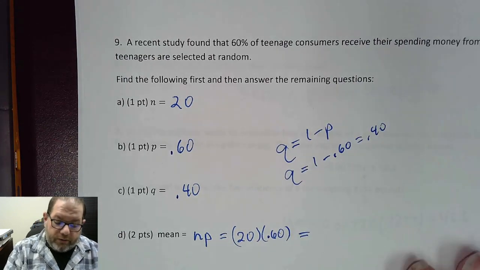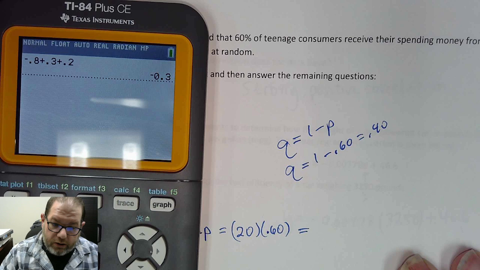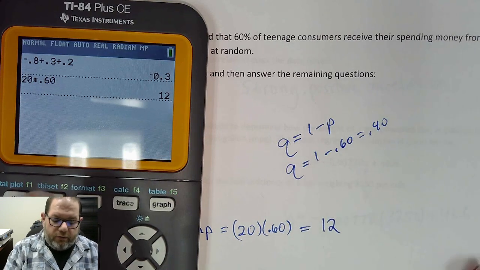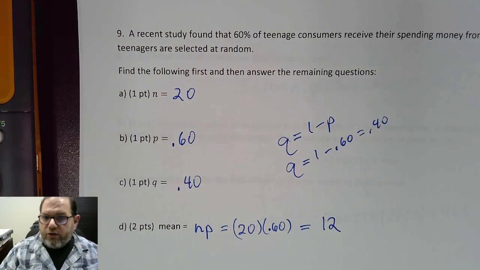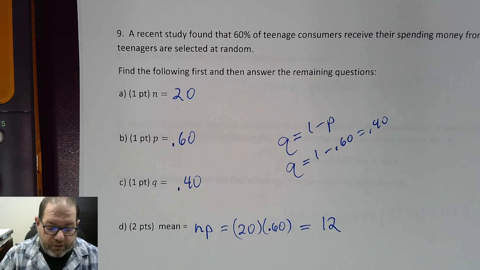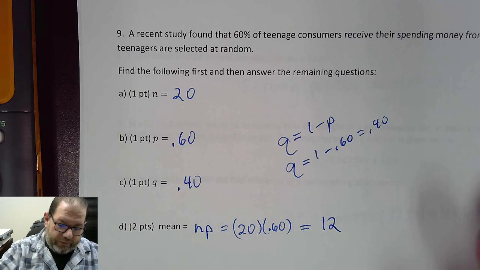And so multiplying those together, 20 times 0.60 gives us 12. So on average, we would expect 12 of those 20 teenagers to receive their spending money from part-time jobs. Teenage consumers. So that's that.